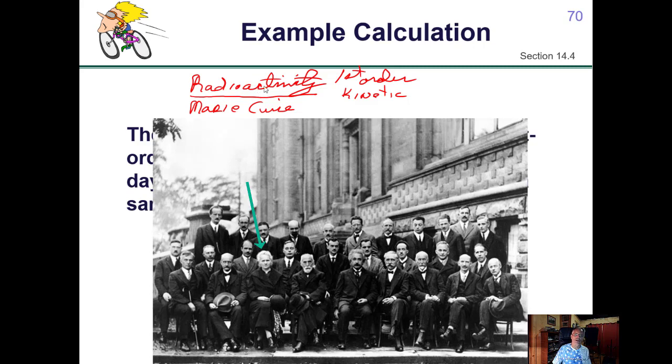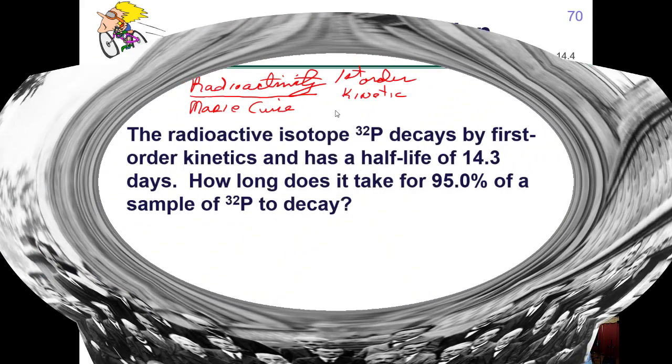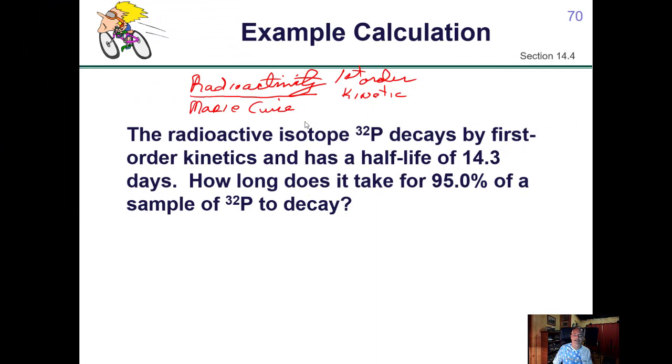Brilliant person, operated at a time when women were not taken seriously in science, and she won 2 Nobel Prizes. Just an astounding person. And there's also a pretty good movie, either on Netflix or Prime, called Radioactive. Take a look at it. I enjoyed it very much, but I'm a big fan of Marie Curie.